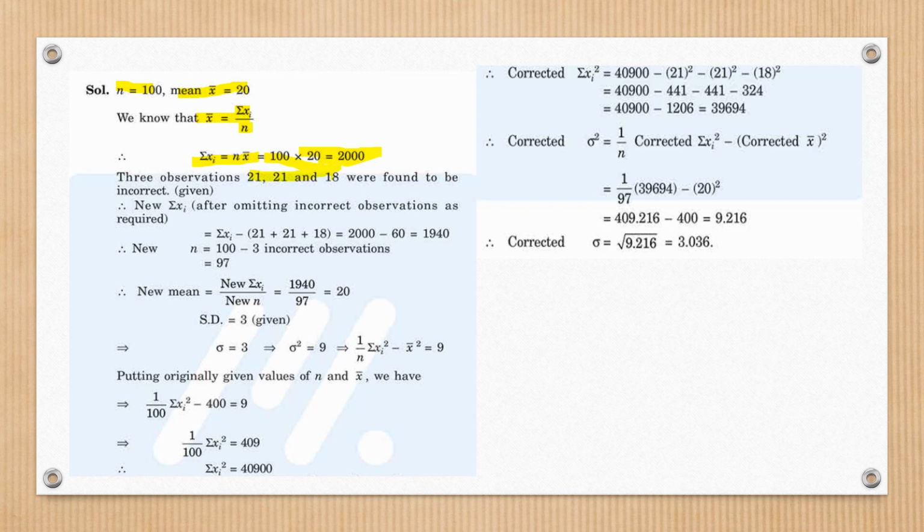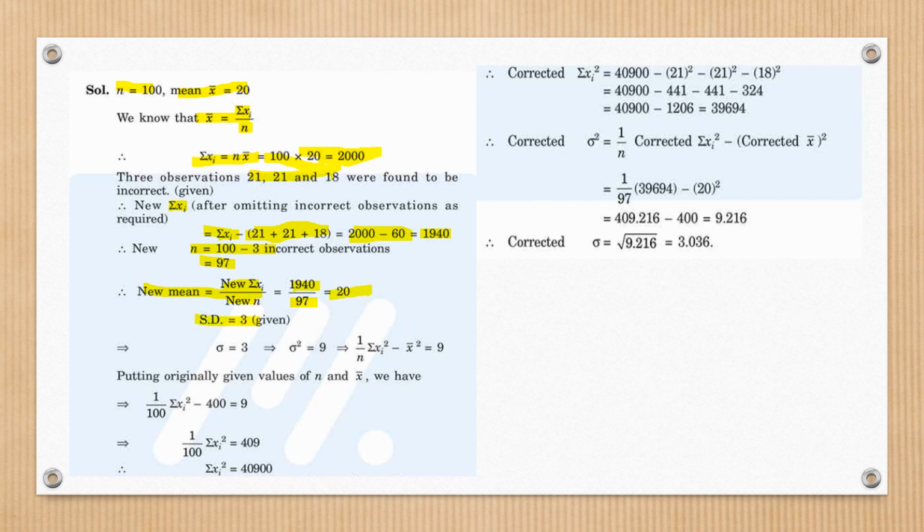So I have to correct my xi: I take out the sum of 21, 21 and 18 from the incorrect xi. That is 2000 minus 60, which is 1940. The number of observations is also reduced, 100 minus 3, that is 97.